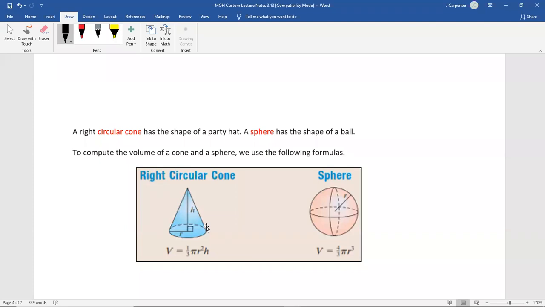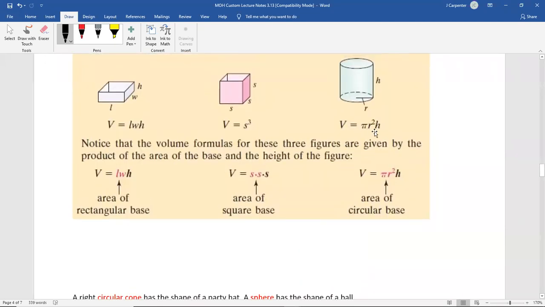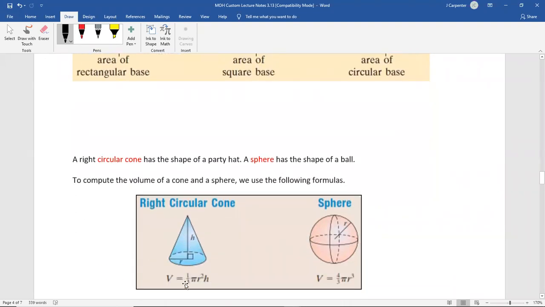These are the volumes of a circular cone, so your ice cream cone without any extra ice cream on top of it, or a party hat or something like that, or a sphere, so a ball. So that's one third pi r squared h. This is a very similar chunk, pi r squared h, as the cylinder's pi r squared h, but it has this one third in front of it.